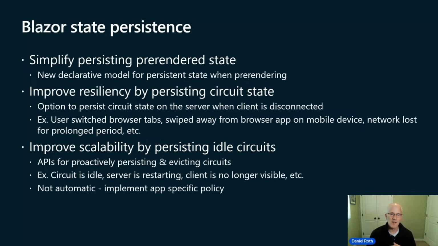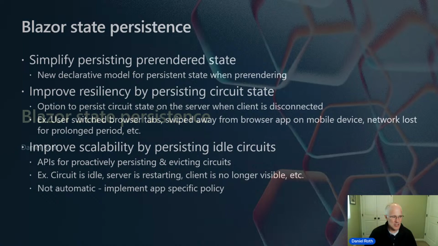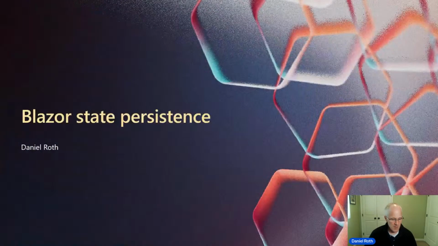Now, this is not something that we are planning to do automatically for you in Blazor and .NET 10, but we're giving you the APIs so that you can implement an appropriate policy for your app. For example, if the browser is no longer visible to the user, you might as well persist that circuit and free up the state because the user is obviously not using the app. Or if the circuit is idle, like you detect on the server that nothing has happened on the circuit for 10 minutes, you could persist the state and then rehydrate it later. Okay, so let me show you a little bit of what I mean.